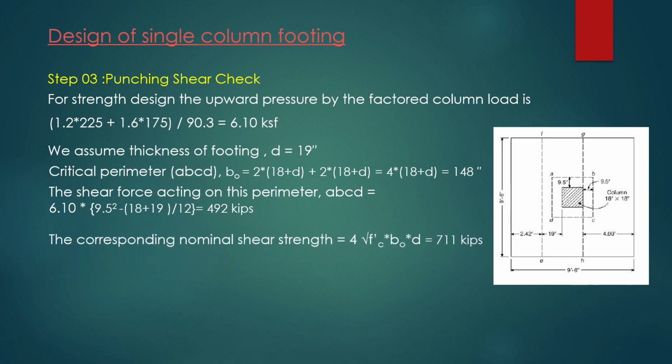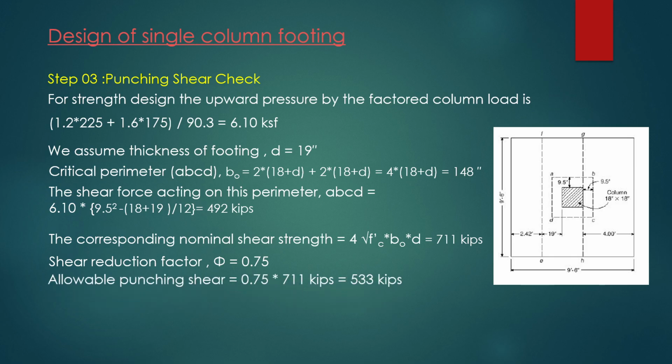The corresponding nominal shear strength is 4 root over F prime C B naught D, shear reduction factor 0.75, and finally the allowable punching shear is 533 kips, which is greater than 492 kips. That means our effective depth D of 19 inch is sufficient for punching shear.